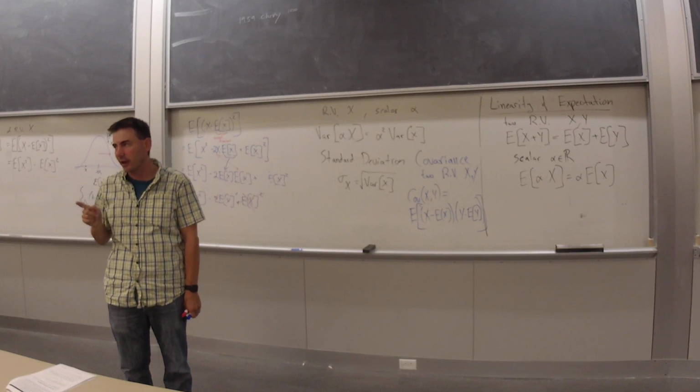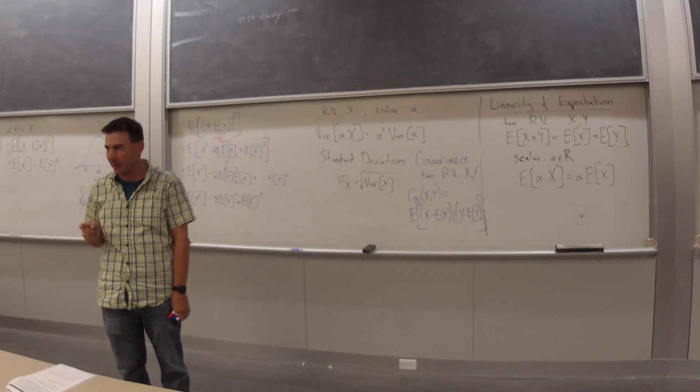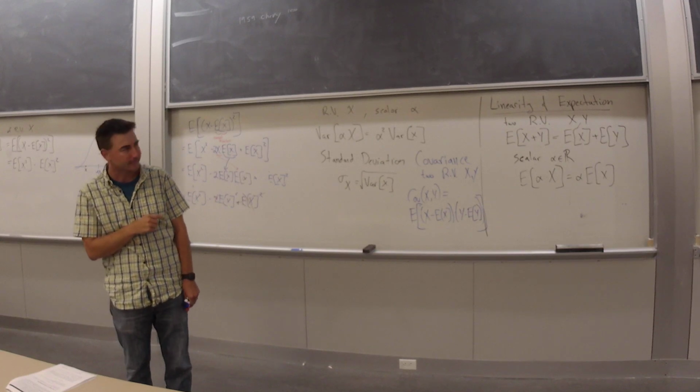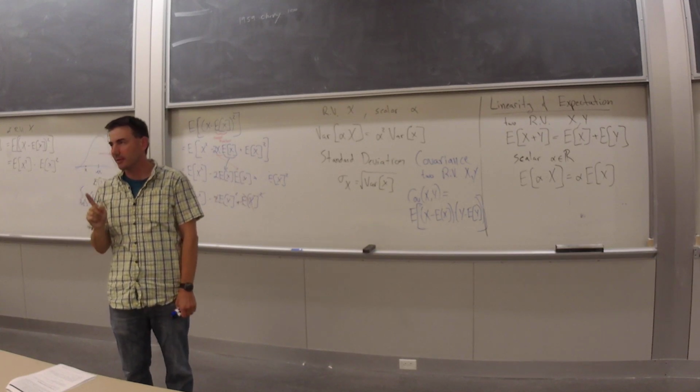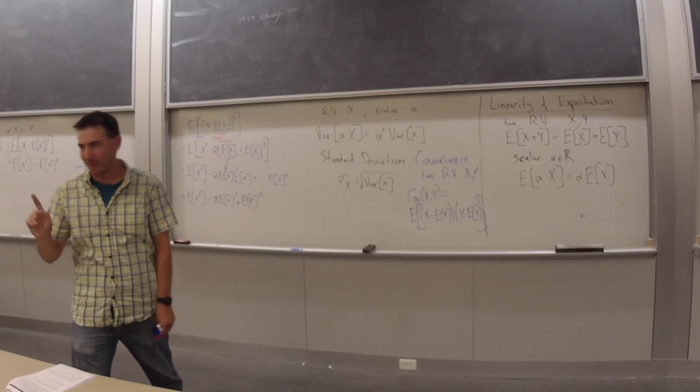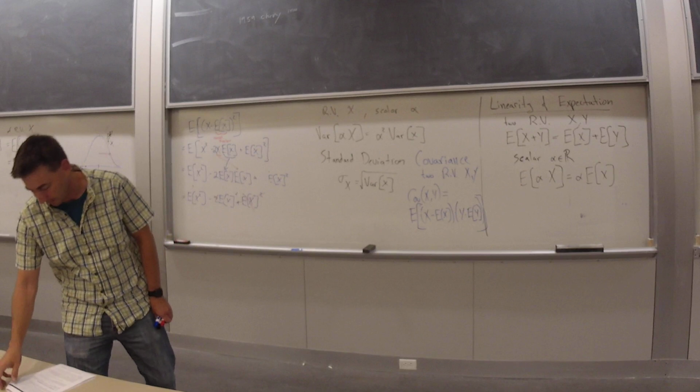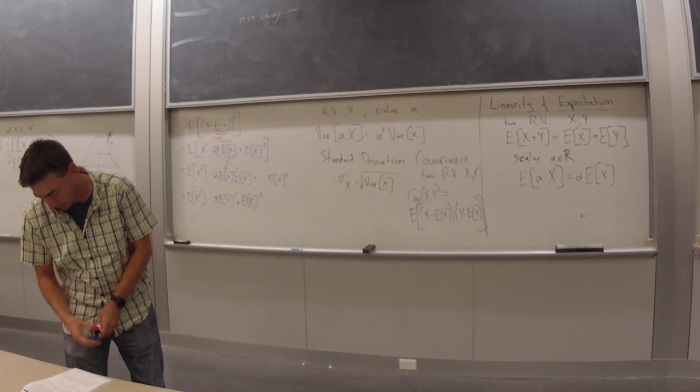I think correlation has to do with observed data as opposed to random variables. But I might be getting this wrong. So I will look this up and then I will be sure and I'll tell you next lecture. Yeah, it's a good question.